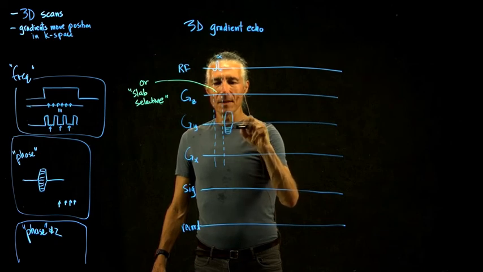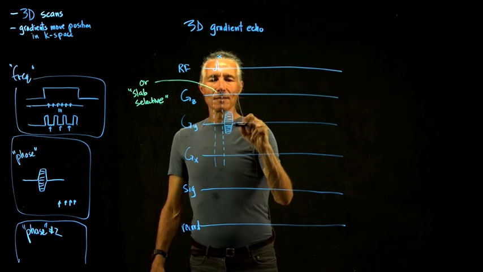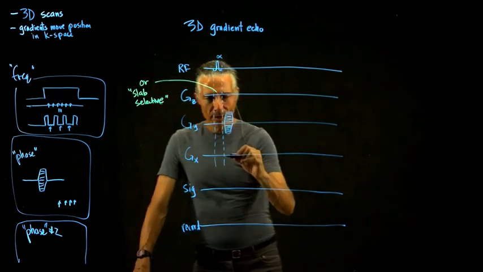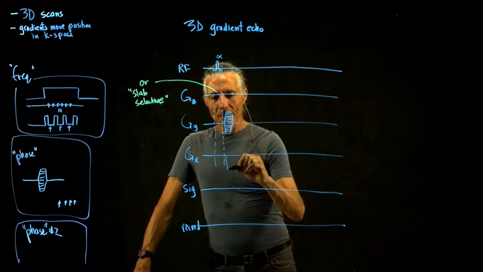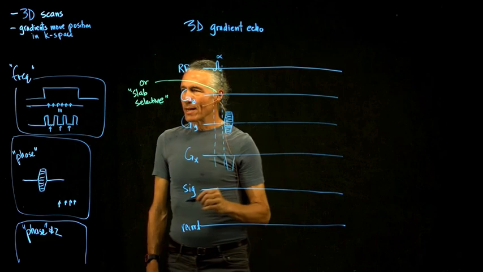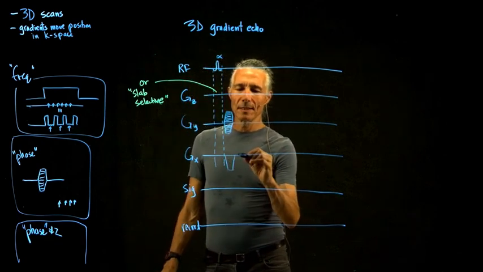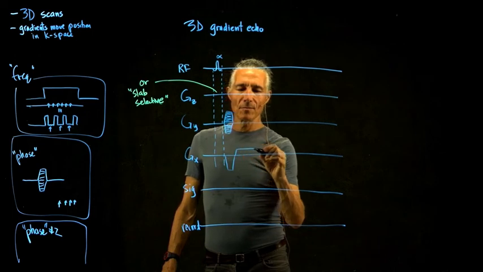There could be 200, 256 of these. Just pick one of those. And while we're doing that, we also wrap up the spins for the readout all the way up to like 128 stripes. And then we do a readout.